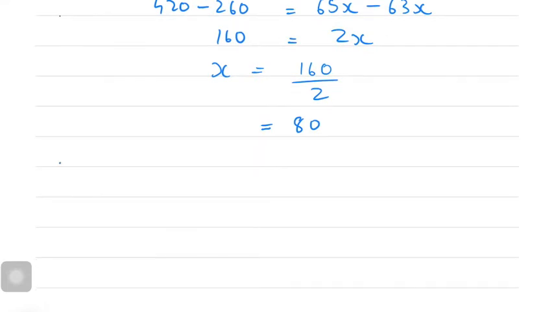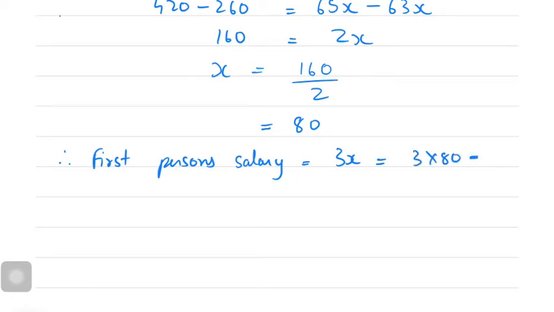Right? So therefore first person salary, which is 3x, and x is equal to 80. So 3x is equal to 3 into 80, which comes to rupees 240.